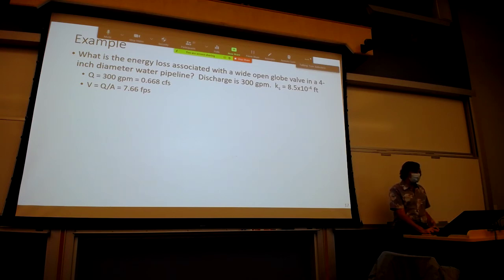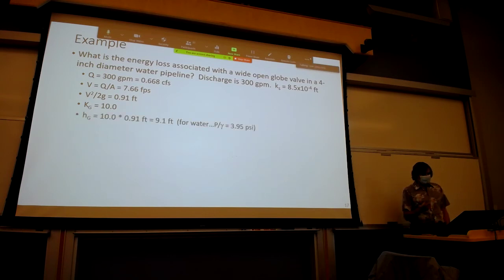We can calculate the area, and from that get the average velocity, 7.66 feet per second. We can calculate the velocity head, v squared over 2g. g is 32.2 feet per second squared. That gives us a velocity head of 0.91 feet. We just looked up the minor loss coefficient for the globe valve, that's 10.